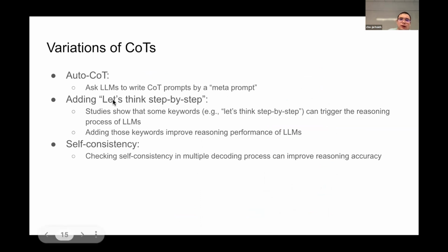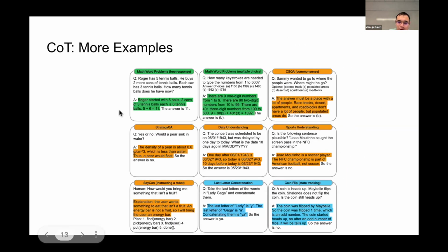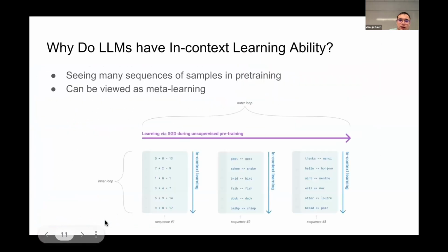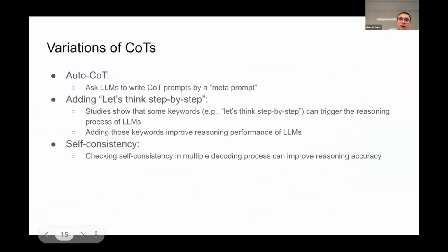And there's also some other things. For example, in some prompting for benchmark datasets you often see this sentence, let's think step by step. Actually there's some paper showing if you include this sentence in the prompt, let's think step by step, then this will trigger the LLM to do better, or more of a thinking process.